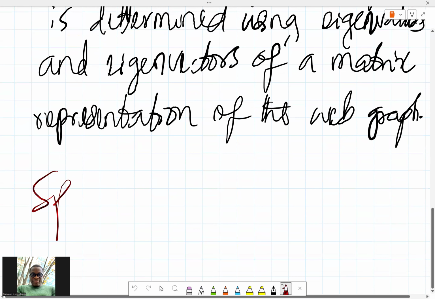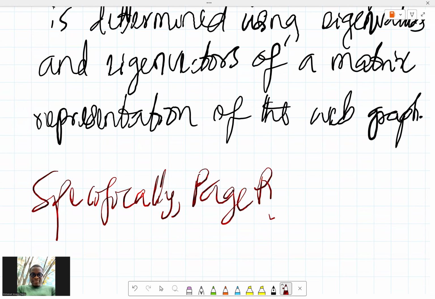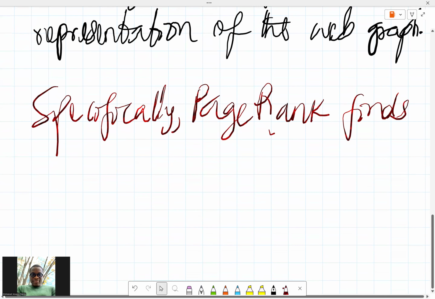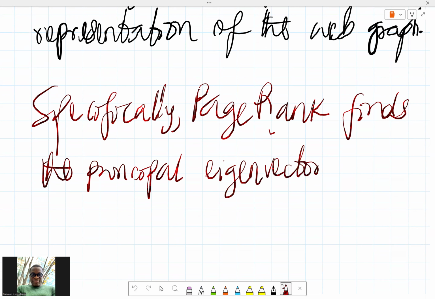Specifically, Google's PageRank finds the principal eigenvector of a stochastic matrix.